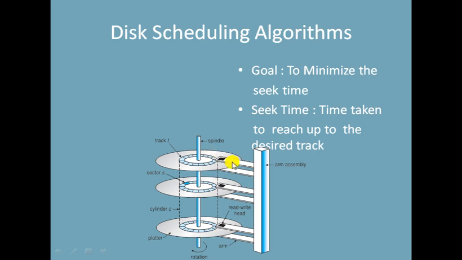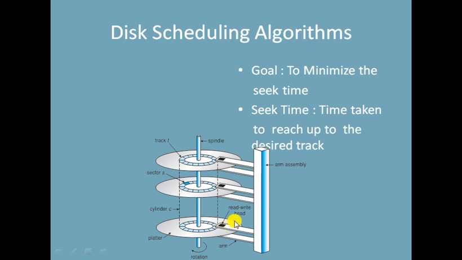This read and write head moves from the starting track to the ending track. The starting track is at the outer corner of your platter, and the ending track is near the spindle. So these heads move from first to last on each platter.